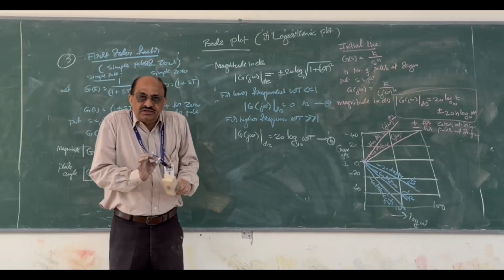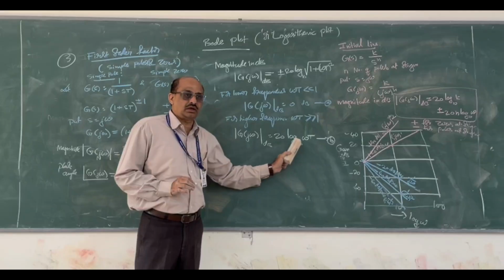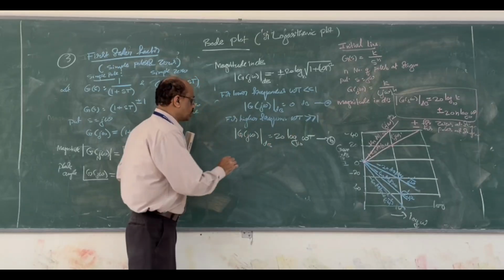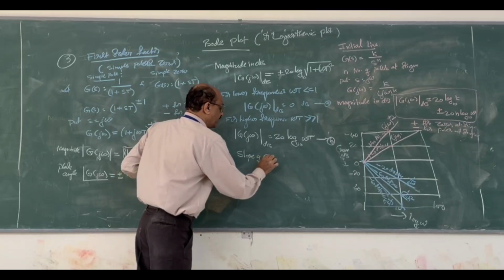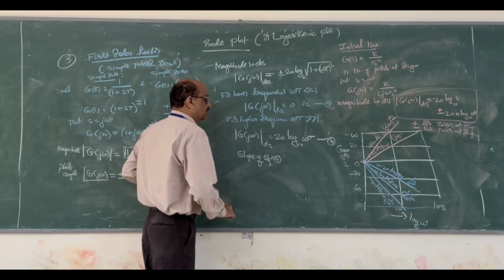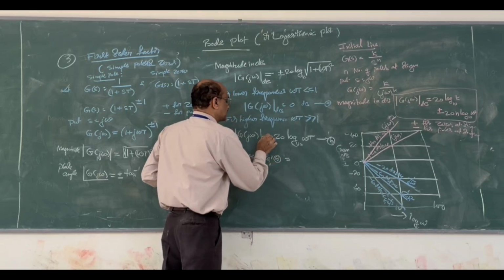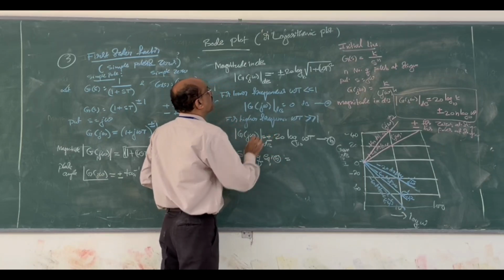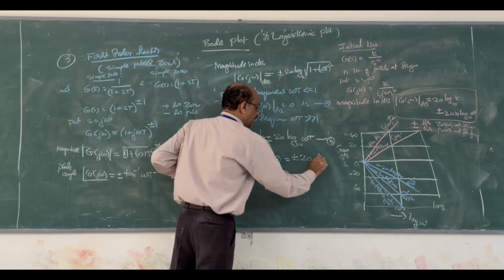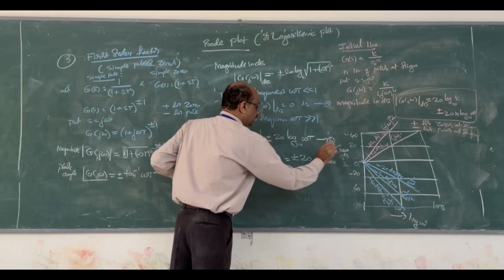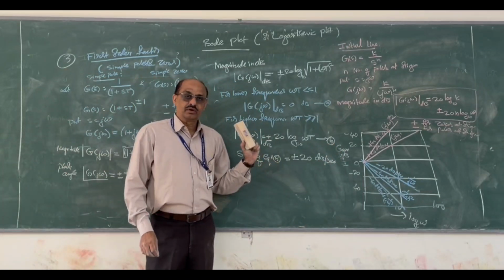If I differentiate this with respect to log omega, the slope is plus or minus 20 dB per decade.